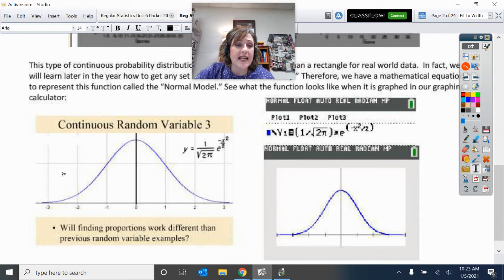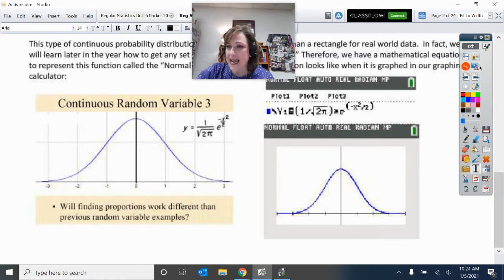So this is the normal model with the mean located in the center, and then we have 1, 2, and 3 standard deviations down below, and 1, 2, 3 standard deviations up above. Remember how we said if you're more than 2 standard deviations away from the mean, you're an outlier? Well, now we can start computing what proportion of data is in that section. And that's where we're headed with this next.